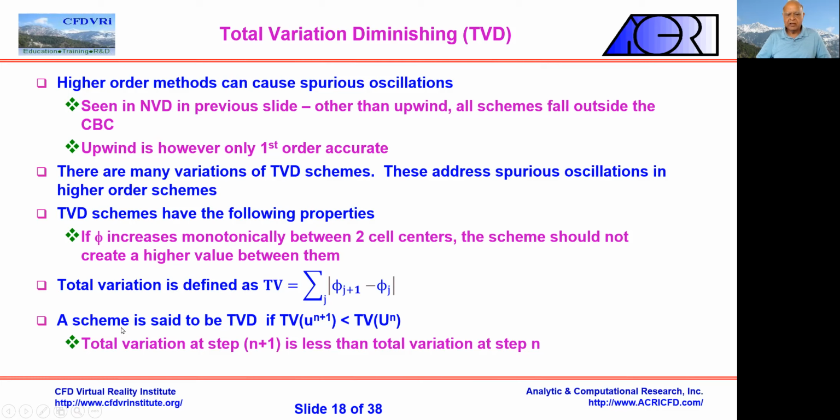Now this scheme is said to be TVD, total variation diminishing, if the computed total variation at the next iteration or next time step is less than or equal to the value at the previous time step. So the total variation at step n+1 should be less than or equal to the total variation at step n. If so, the errors would decrease with time and the scheme would converge.